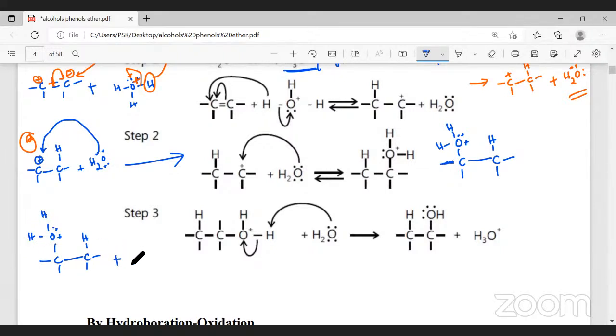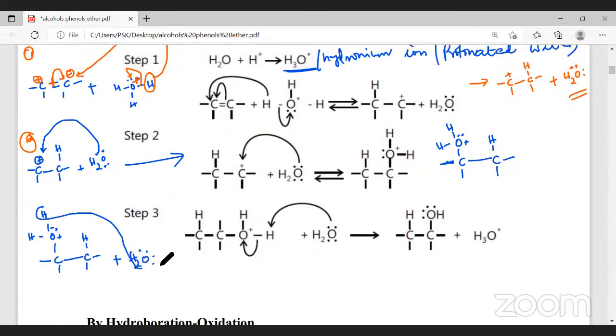Now this will further react with water. In simple words, this hydrogen reacts with water, and you get H3O plus.